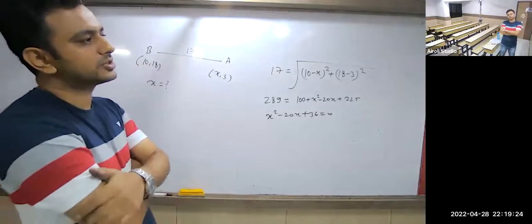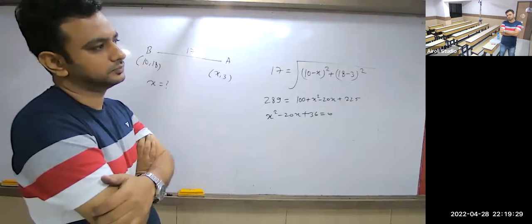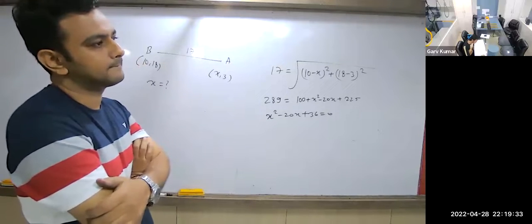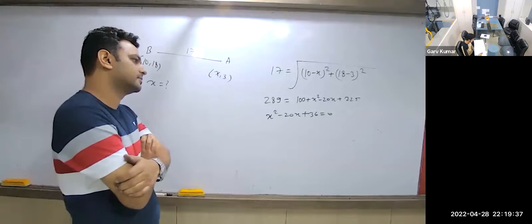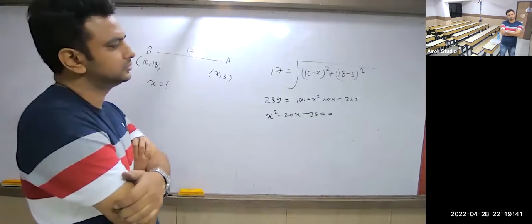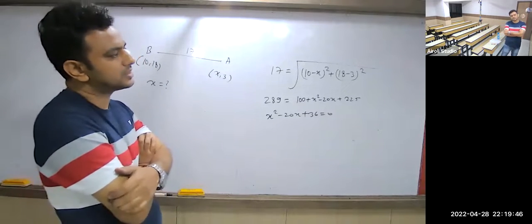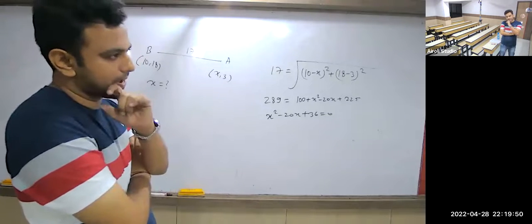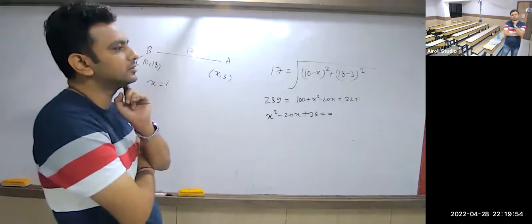Just apply the distance formula. So we have 17 equals root of 10 minus x whole square plus 18 minus 3 whole square. 17 square means 289.